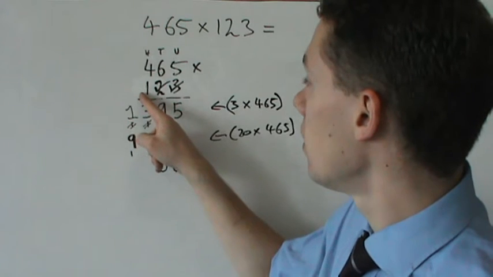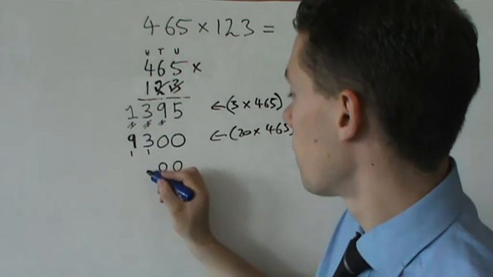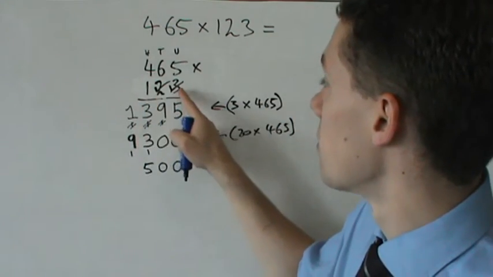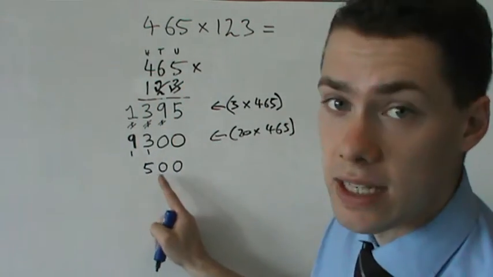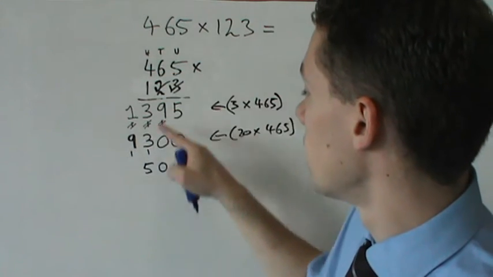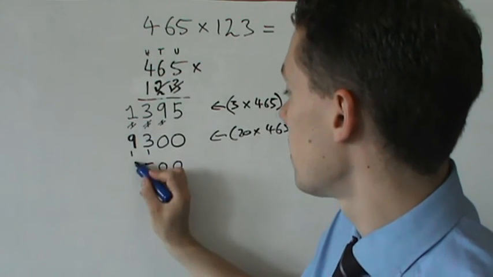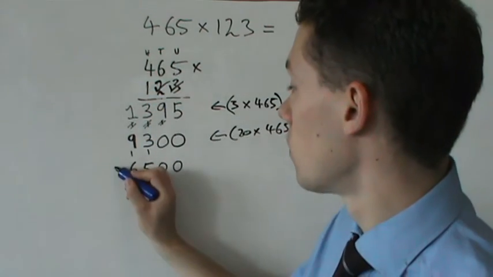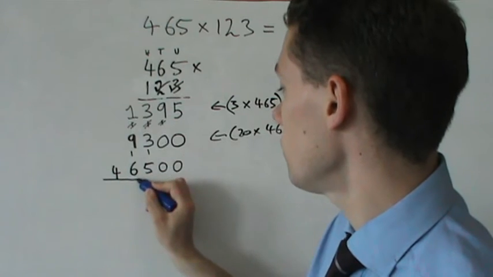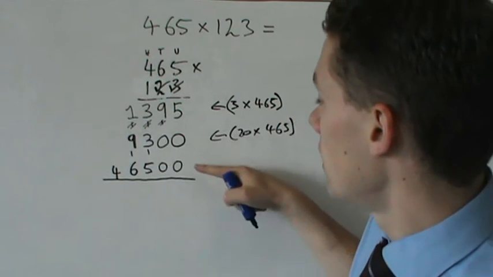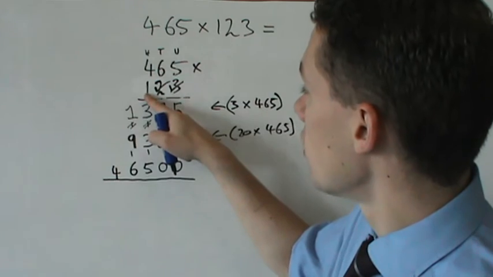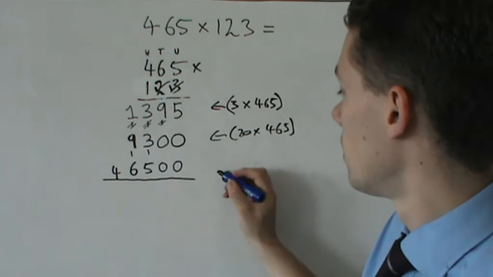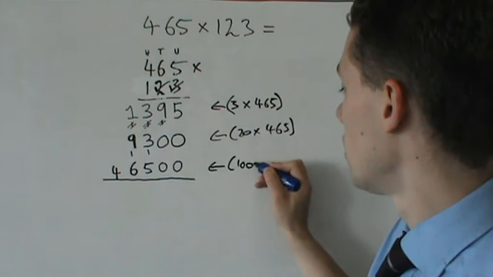So I now have 1 times 5, which is 5. Hopefully you can see now this works, because 100 times 5 is 500, which we now have down here. So 1 times 5 is 5, 1 times 6 is 6, and 1 times 4 is 4, which goes down here. So this number here is 100 multiplied by 465.